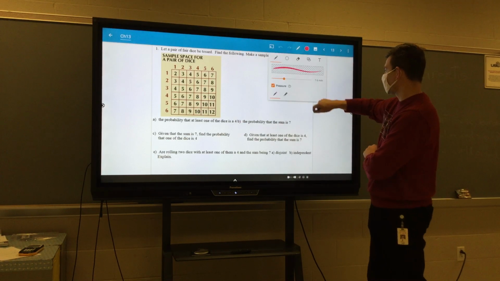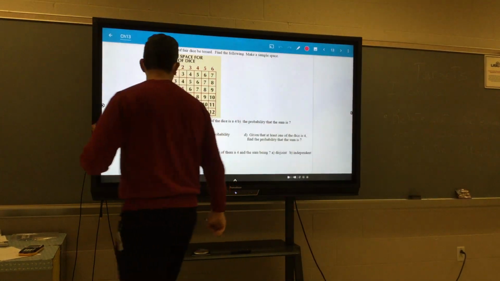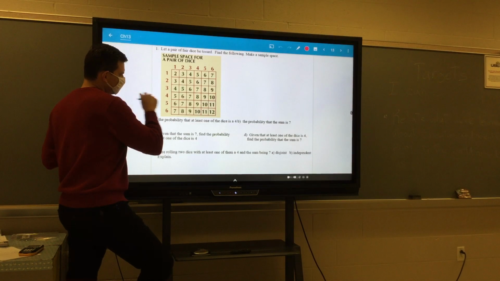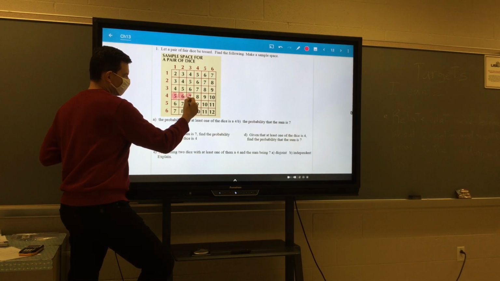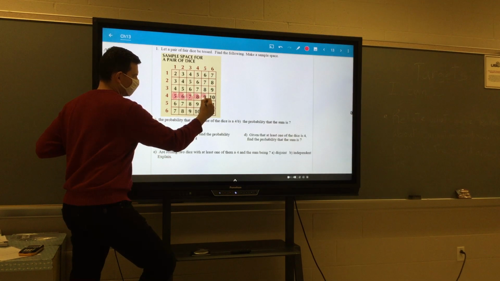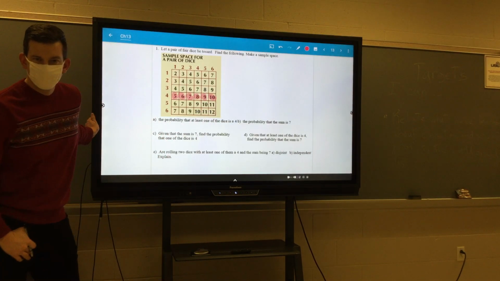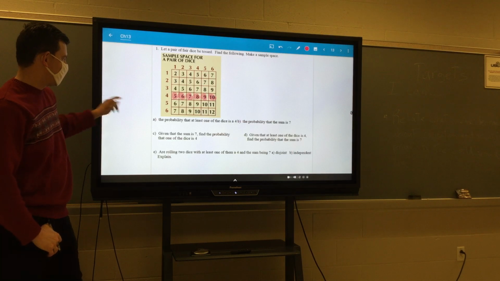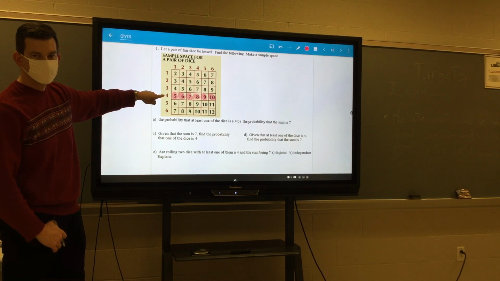That's what we're interested in. For this first die, I'd have a 4 and a 1, a 4 and a 2, a 4 and a 3, 4 and a 4, 4 and a 5, 4 and a 6. This entire row is a success. Any of these pairs are made when this first die is a 4.